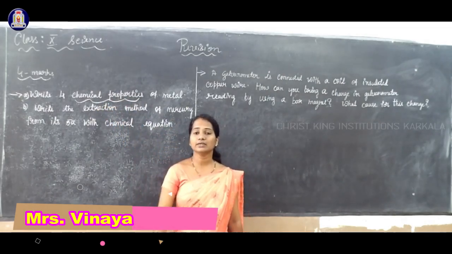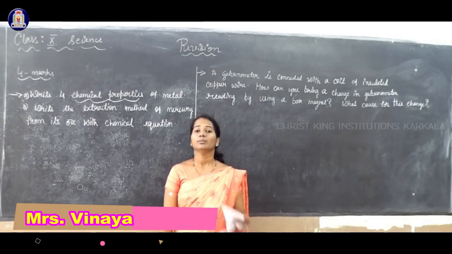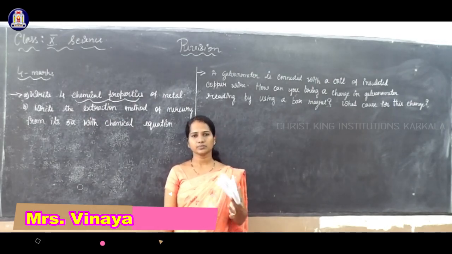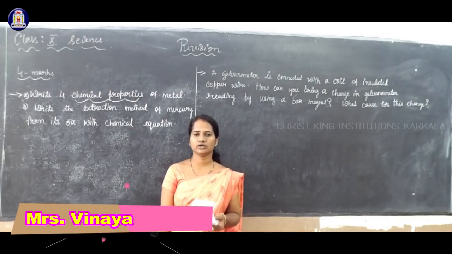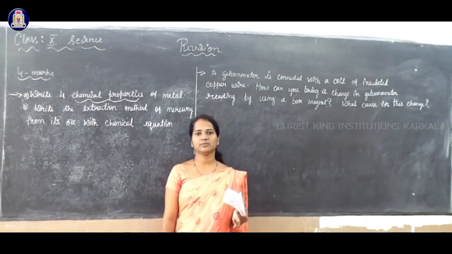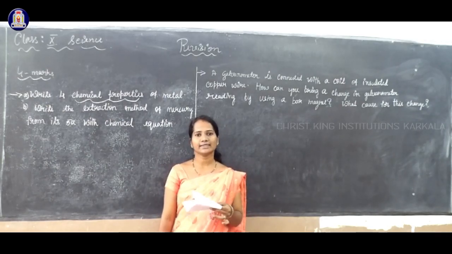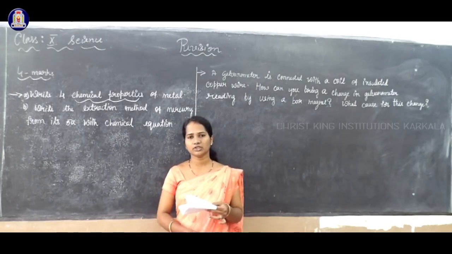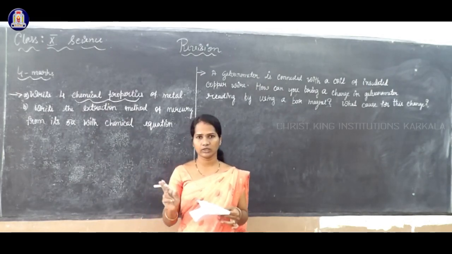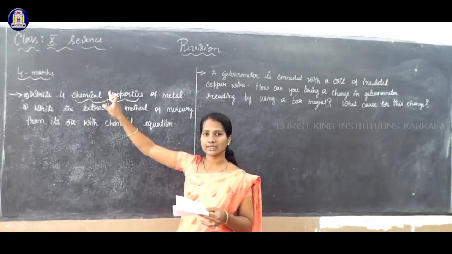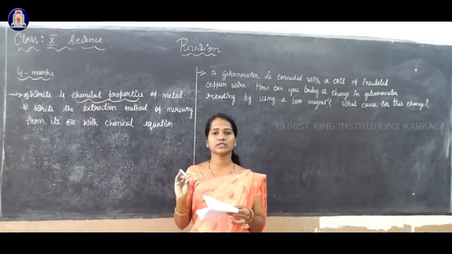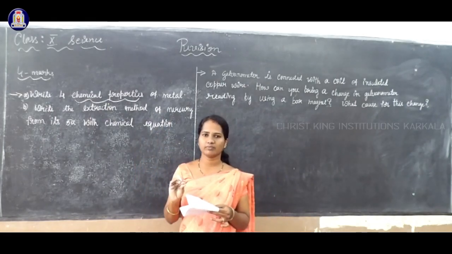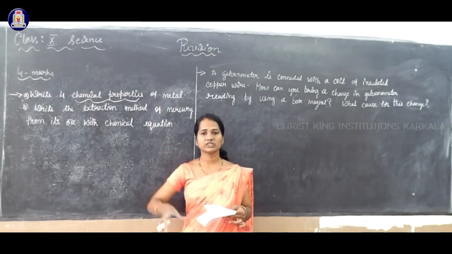Like metals are electropositive, metallic oxides are basic in nature. Usually metals displace hydrogen from dilute acid. So 4 points I have given in your notes. When the question is asked, just mention the chemical properties of metals, then you have to write the first column properties.